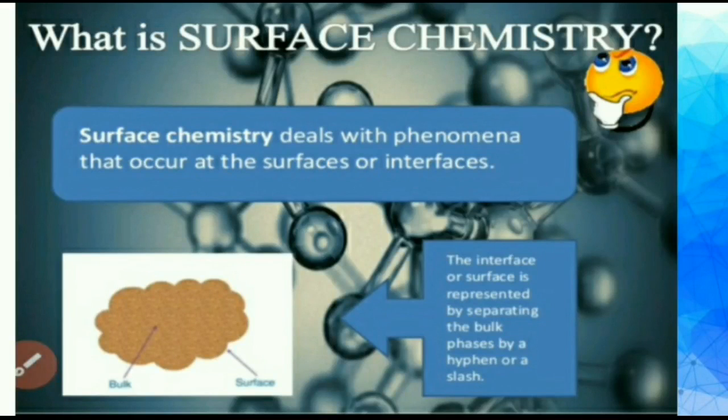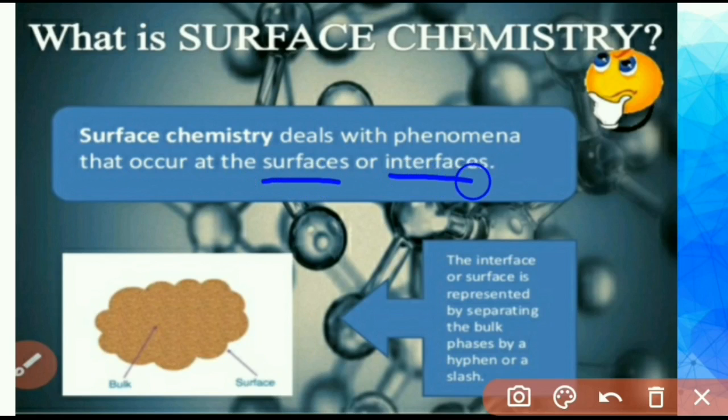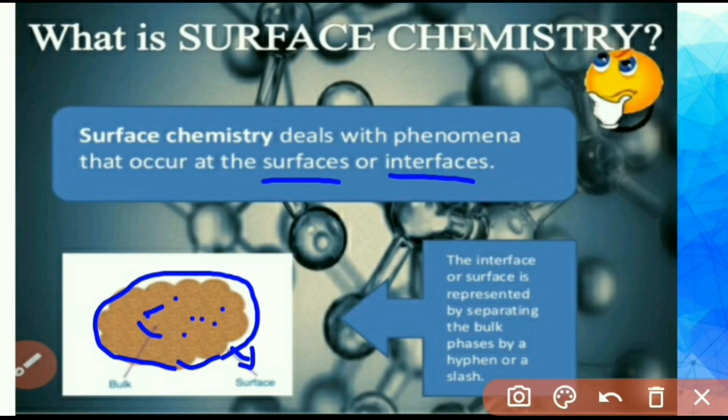So, what is surface chemistry? Surface chemistry deals with the phenomena that occur at the surface or interface. So, which area can we say is the surface or interface? See the picture. The topmost layer of any substance is called the surface area, and inside any substance we call it the bulk area.